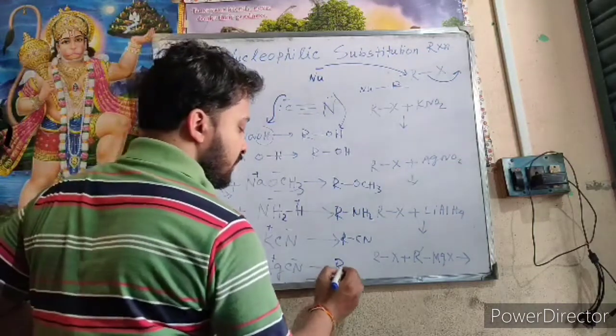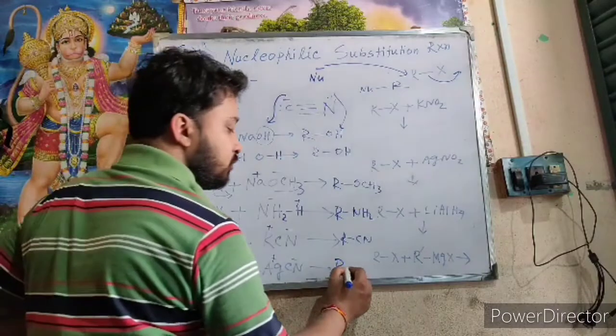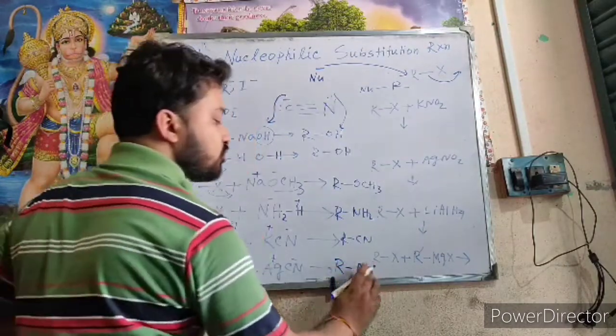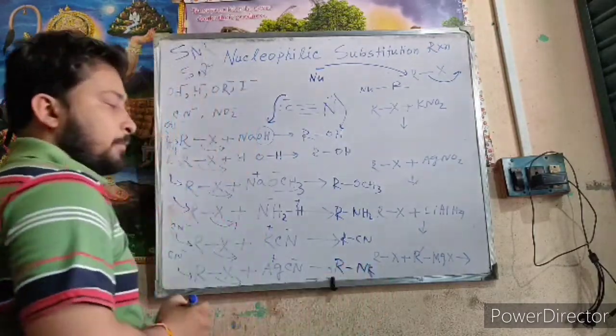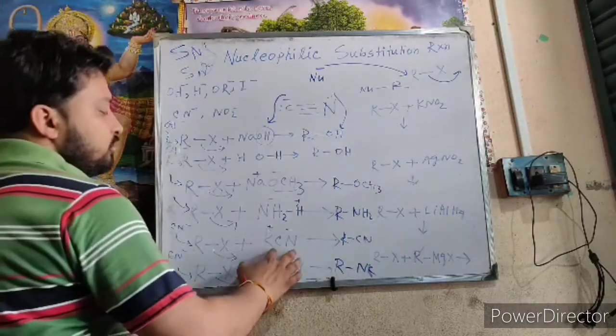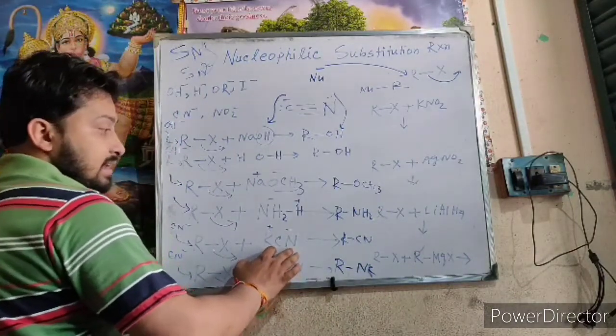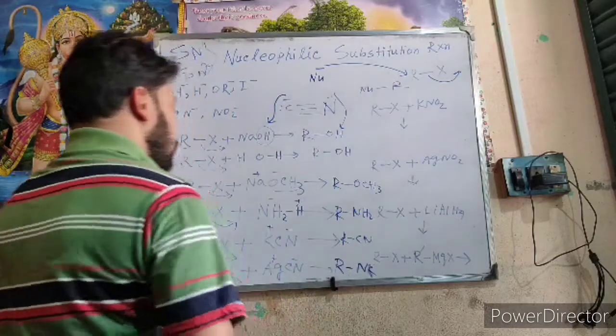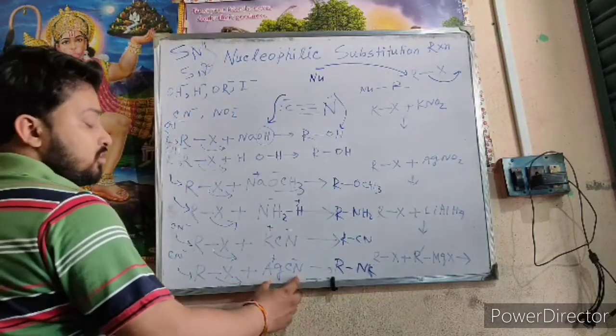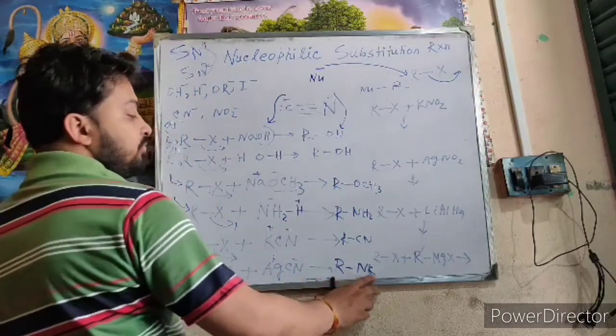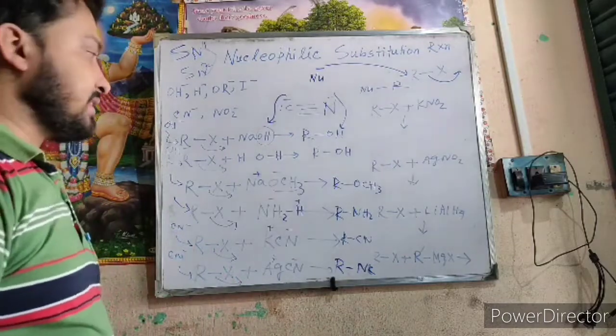But when the reagent is AgCN, the product is RNC, that is isocyanide. When you use KCN for substitution reaction, the product is RCN, and when you use AgCN, you get isocyanide, that is NC.